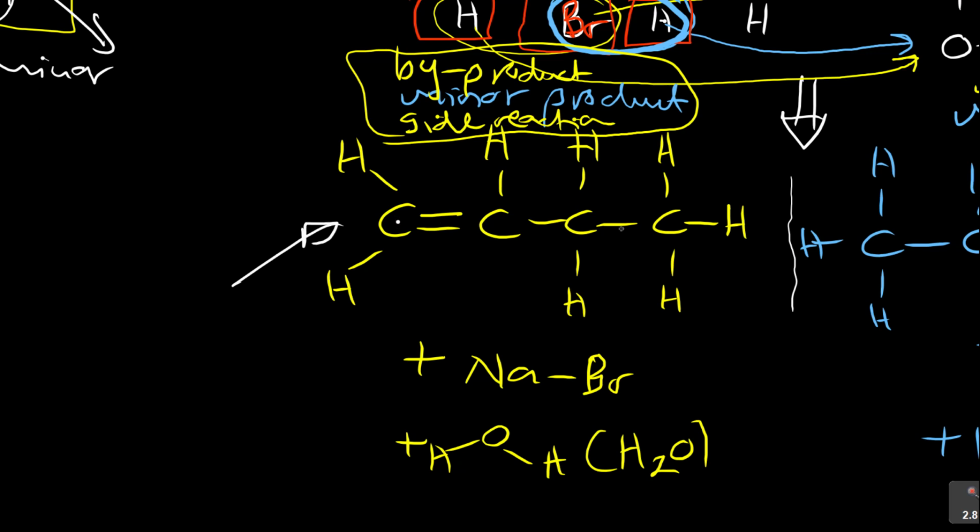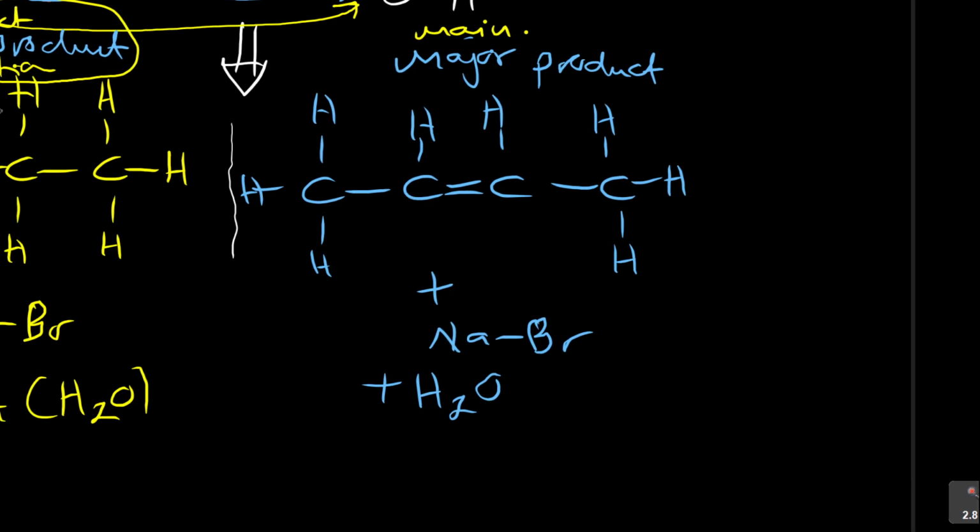This is 1, 2, 3, 4. It's butene. But-1-ene, according to this. Are you with me? But-1-ene. Okay, this is the minor product, but the major product is what? But-2-ene as the major product.